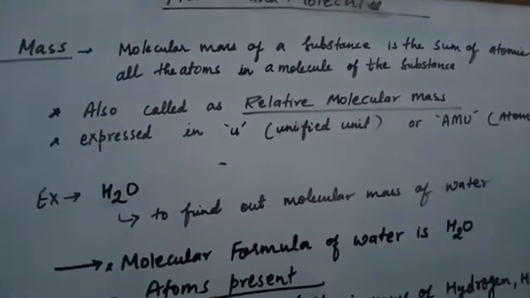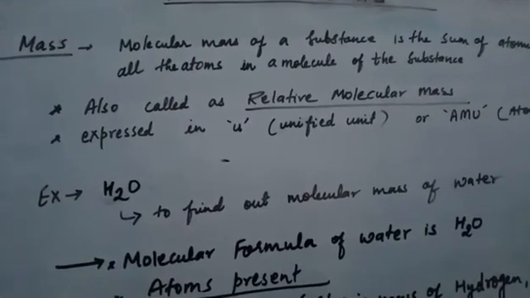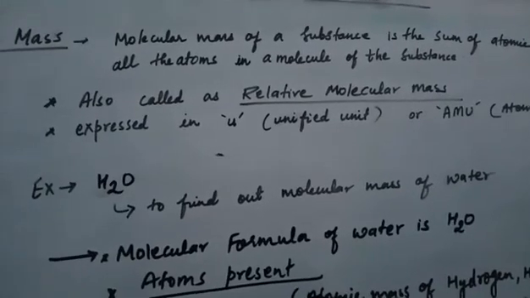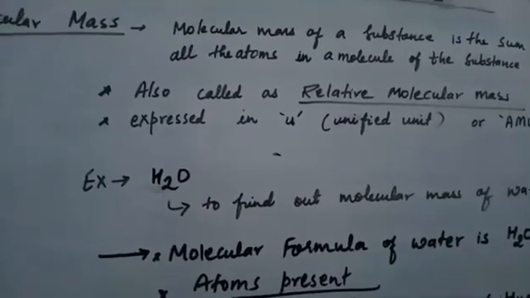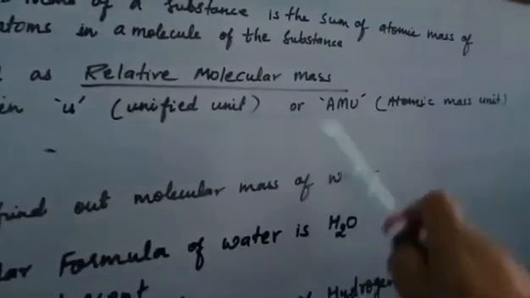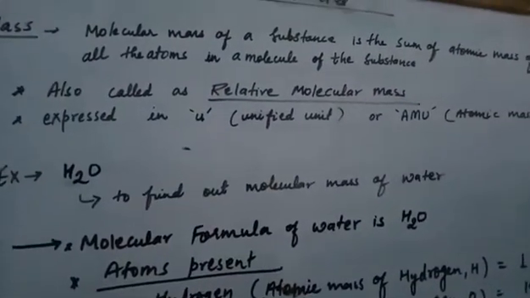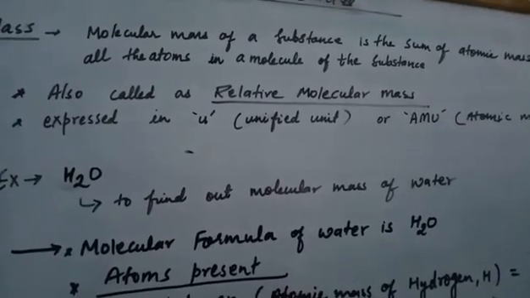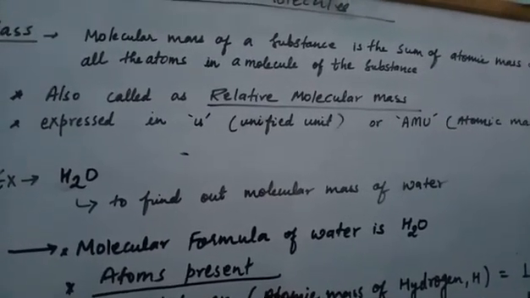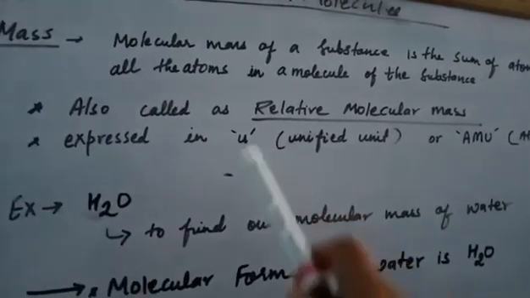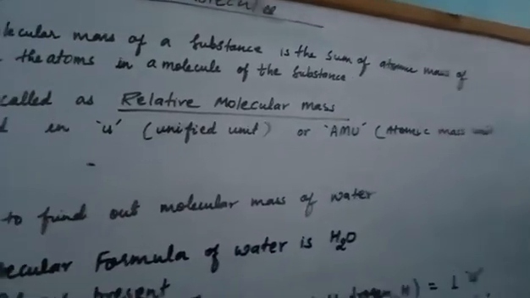Okay, now as atomic mass is expressed in unified unit, that is u, or in amu, molecular mass is also expressed in unit u, that is unified unit, or in amu, because molecular mass is calculated by summing up all the atomic masses of the atoms, and atomic masses are expressed in u. That is why molecular mass is also expressed in u only, or in amu.